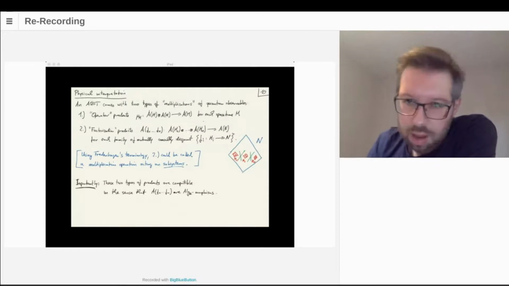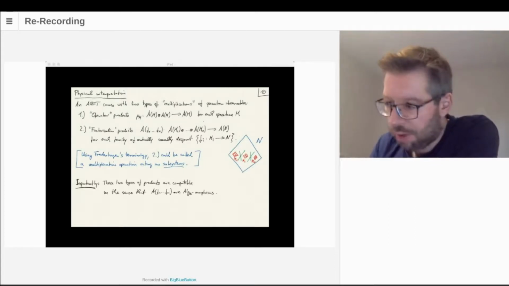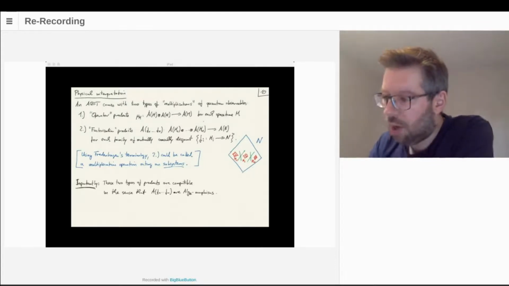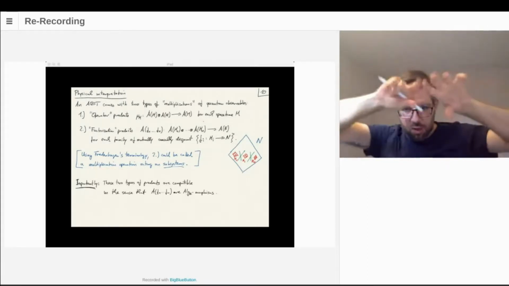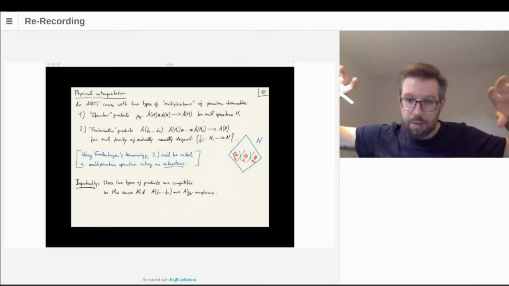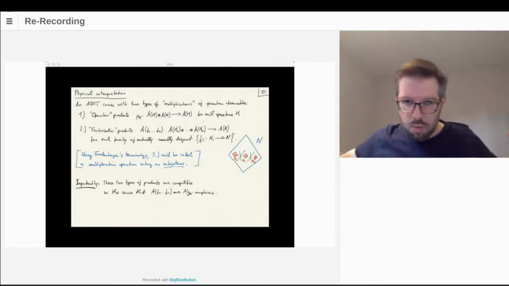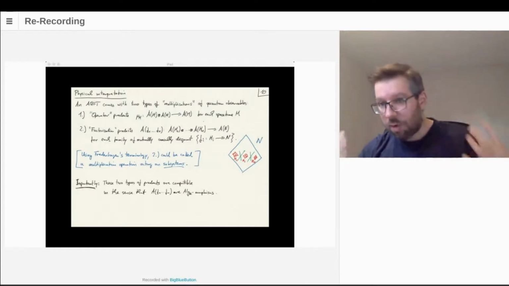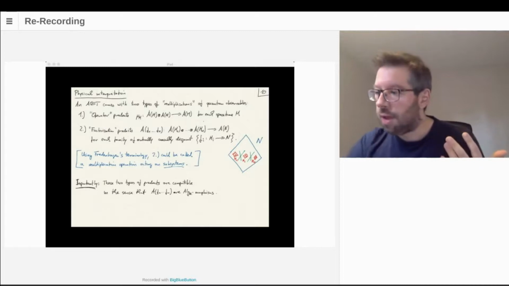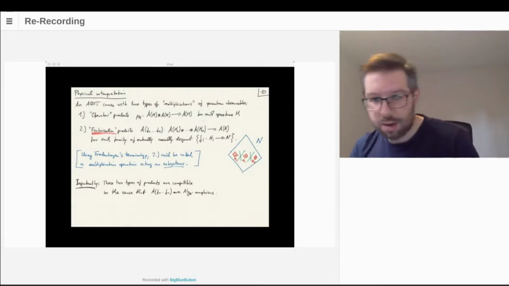And I think that's a good word to use here, because this factorization product is a kind of multiplication operation acting on subsystems. You have causally disjoint subsystems, and the factorization product tells you how to merge them together into a big system. So this is an operation which is not an operator product, but something coming from the factorization product side.